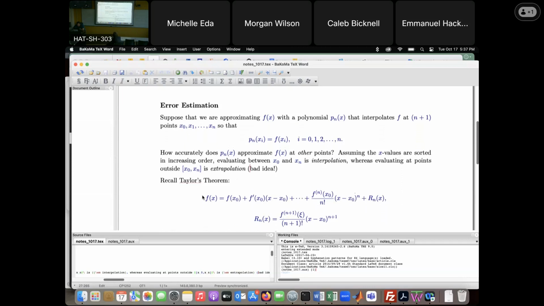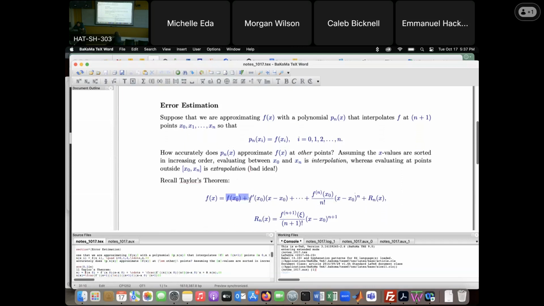A function f of x that has sufficiently many derivatives is equal to this right here, which is the Taylor polynomial of degree n with center at x naught. And that's an approximation of f of x that's accurate mainly near x naught.